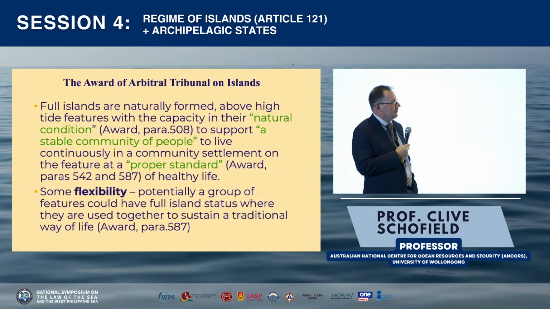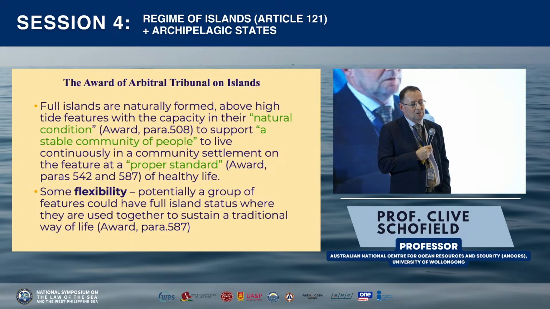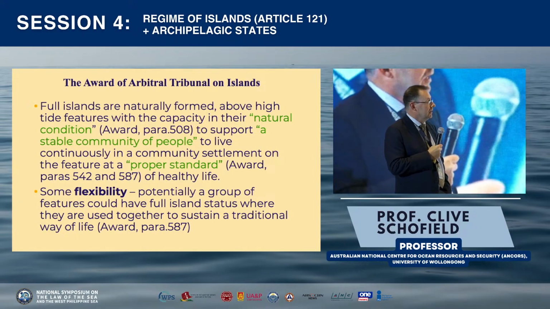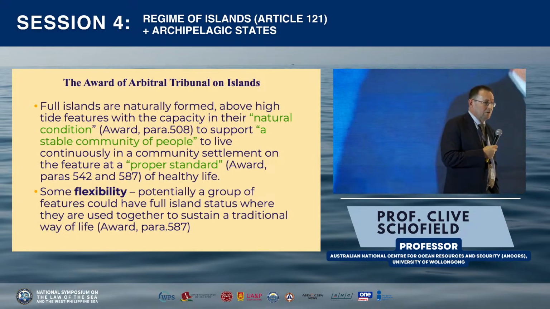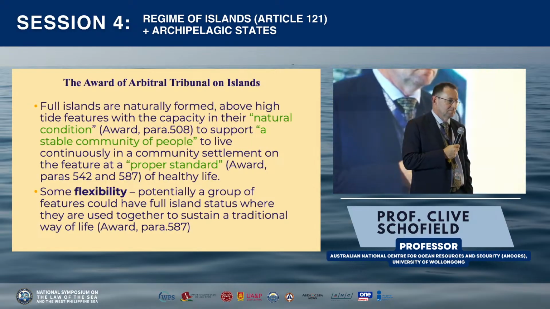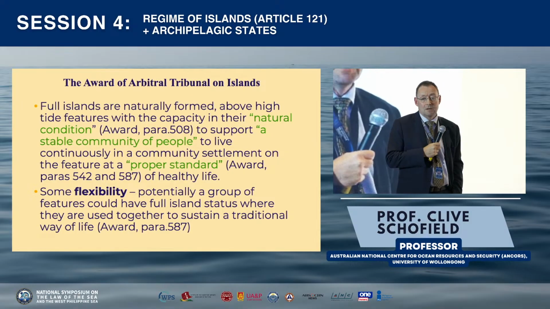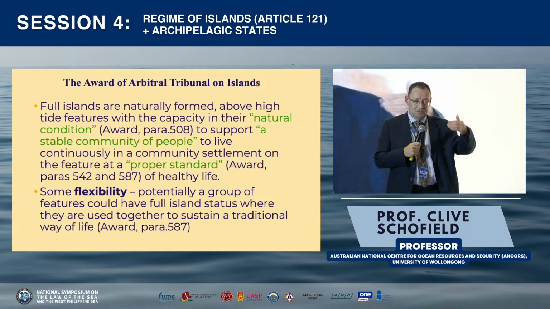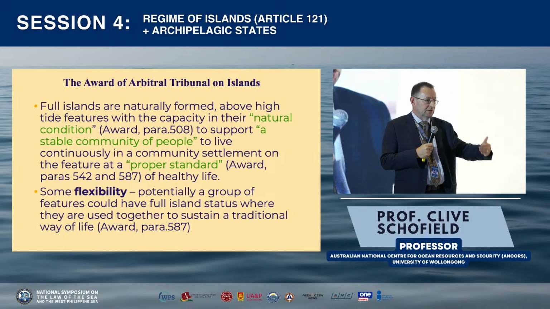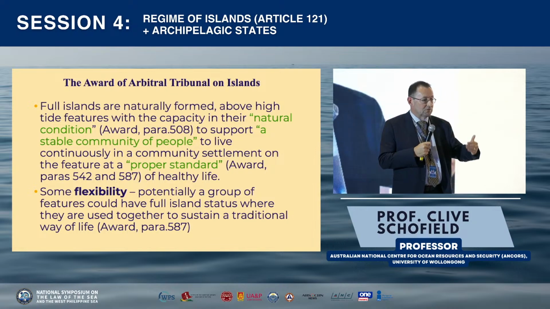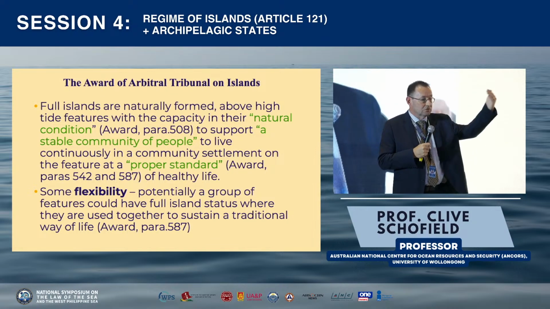Okay, in terms of capacity for human habitation, in the natural condition, an island should be able to support a stable community of people without giving a number. Intentionally, I think, because the view of the tribunal was not solely on the South China Sea, it was to create a rule that potentially is applicable elsewhere on the planet.